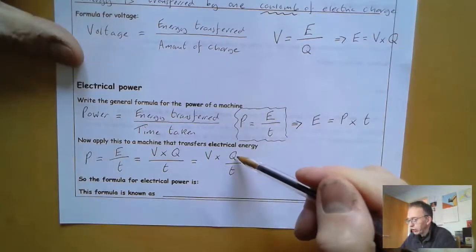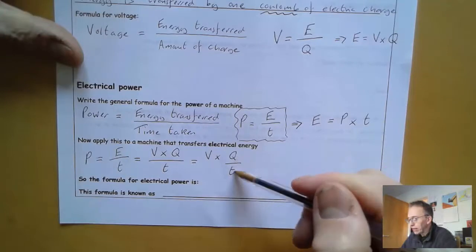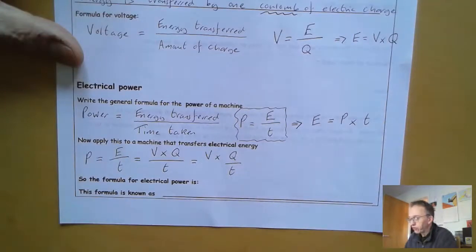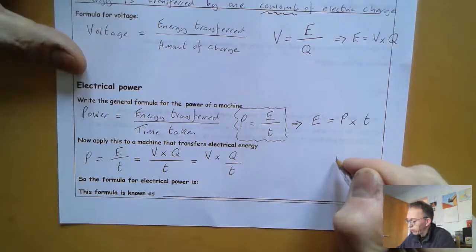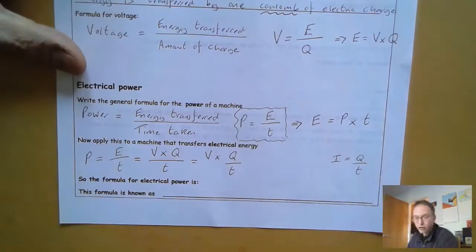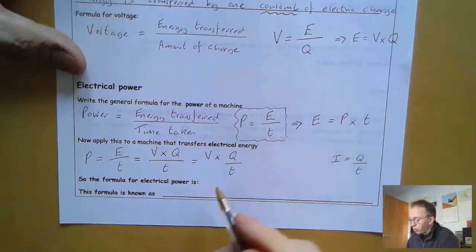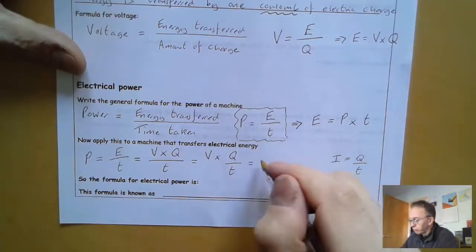Q is the quantity of charge divided by T, the time. So that is the rate of flow of electric charge. And the rate of flow of electric charge is just current. Okay? I'm going to put this over here. Current I is equal to Q over T. So what we have here is voltage times current.